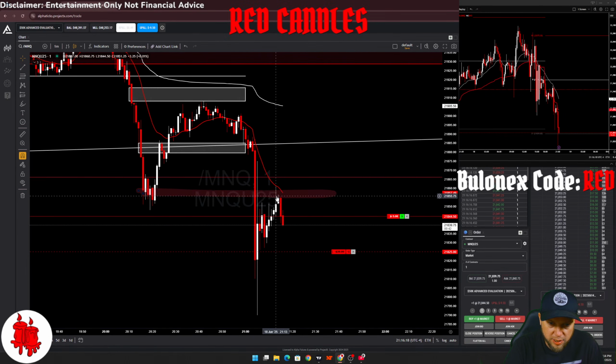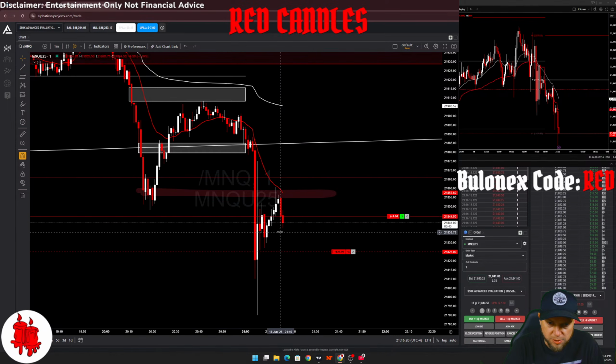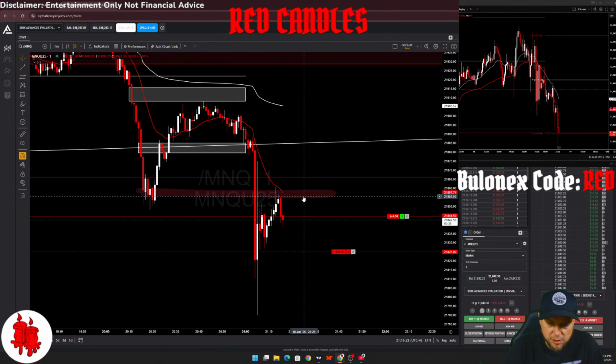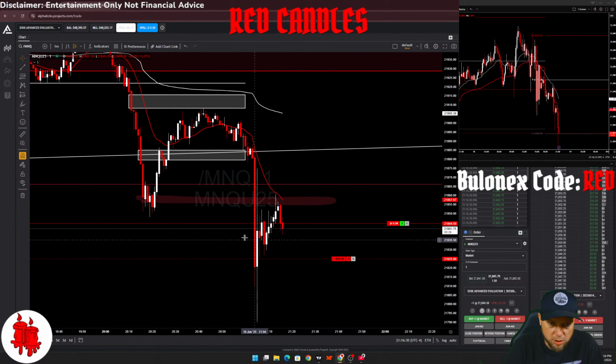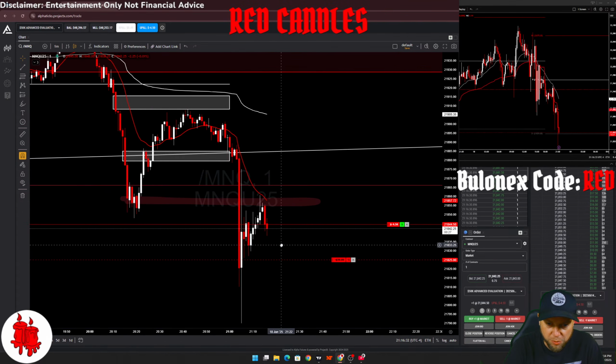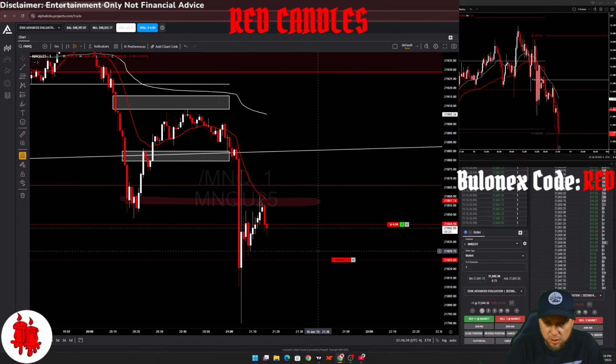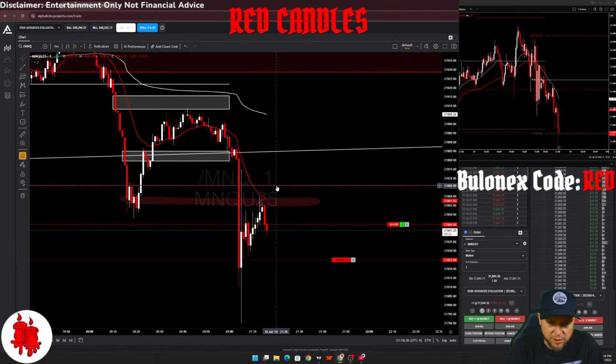Pull back off of that. Build up some liquidity. Come back up and bust through it. Retesting previous day low, which it blew past earlier with no problem, so it's really irrelevant at this time. I can remove this.